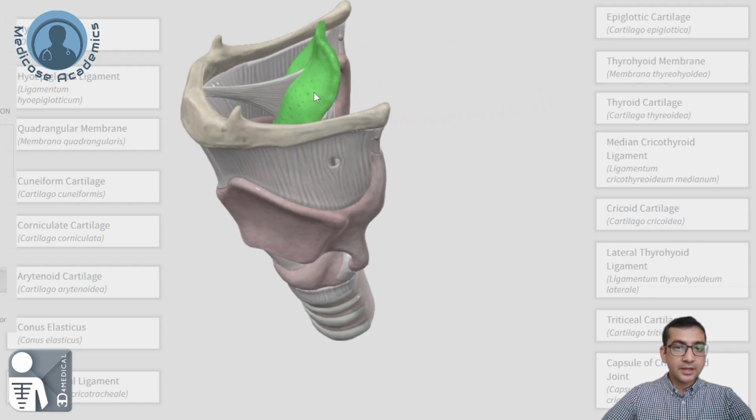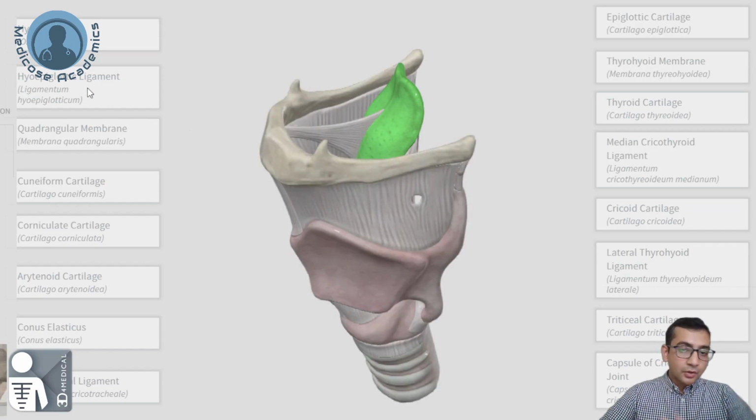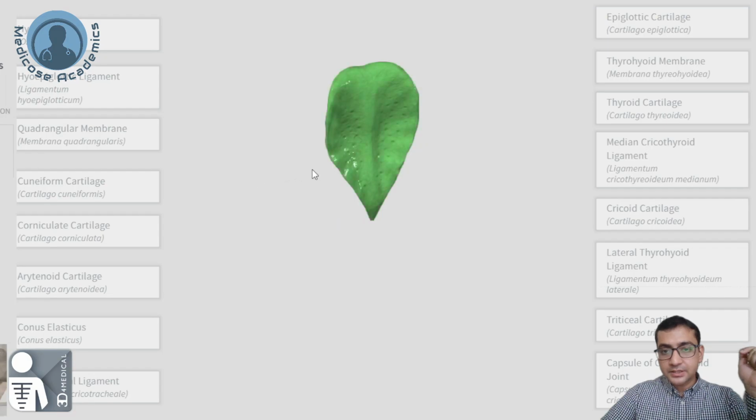If I isolate this, this is a cartilage, this is a leaf shape. The surface that is on the anterior aspect, directed towards the oral cavity, will be the oral surface, and the one that is on the back side is the laryngeal surface.